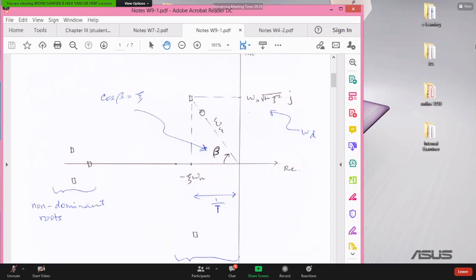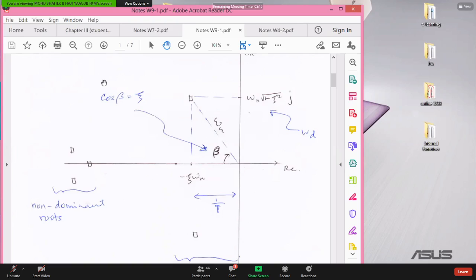It's going to be just the natural frequency. And this angle beta here relates to our damping ratio. You can use the tangent or the cosine. It is just trigonometric functions in the triangle there. You can get the relationship between beta, omega n, the imaginary part of the roots, and the real part of the roots.